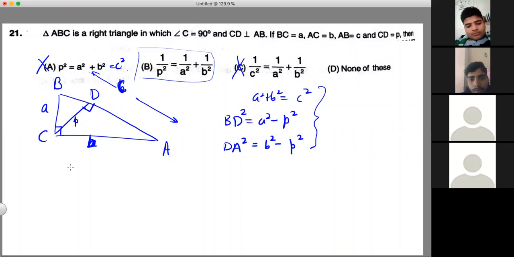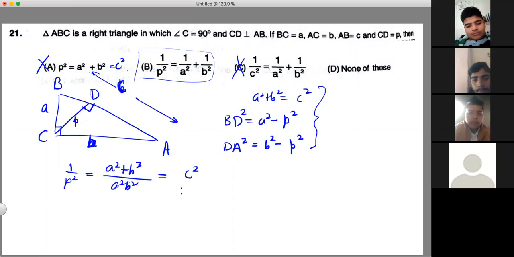Now let's check this one. What does this lead us to? It is equal to a square b square over a square plus b square, which is c square. So c square by a square b square.